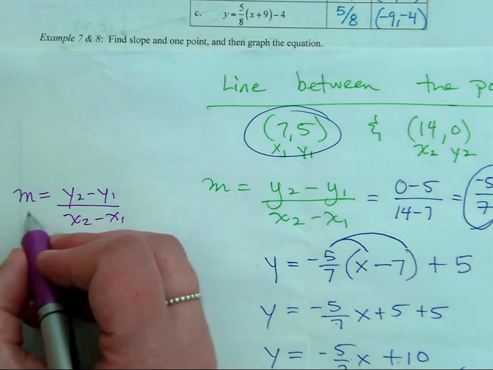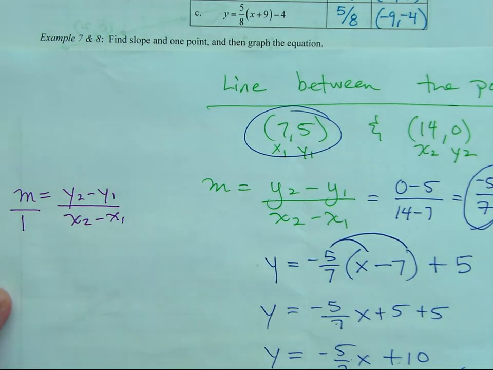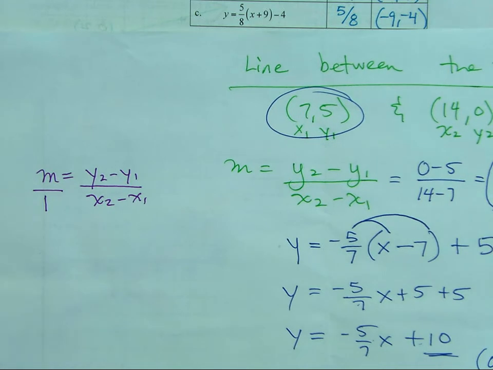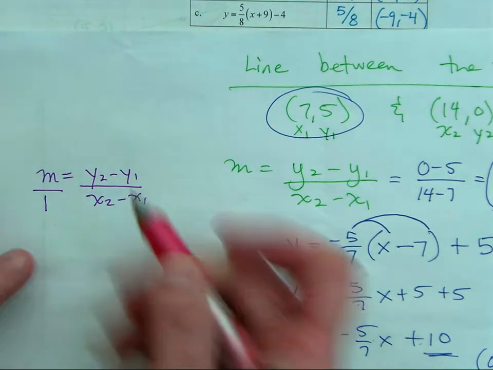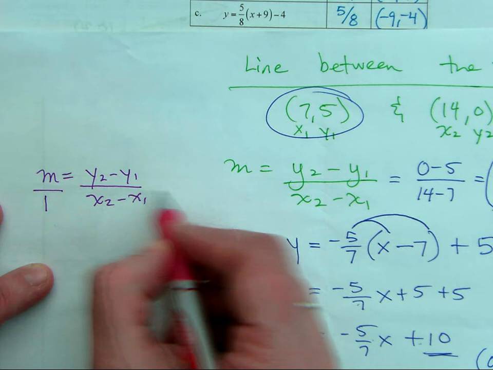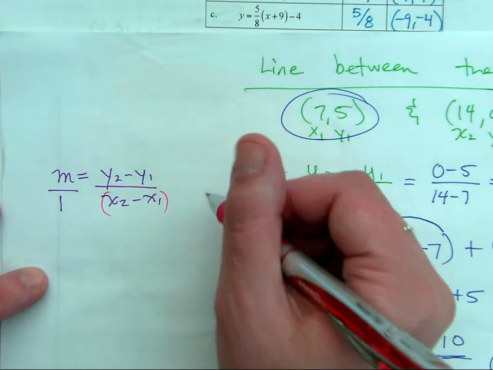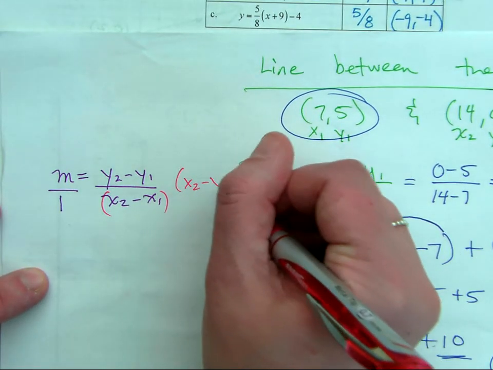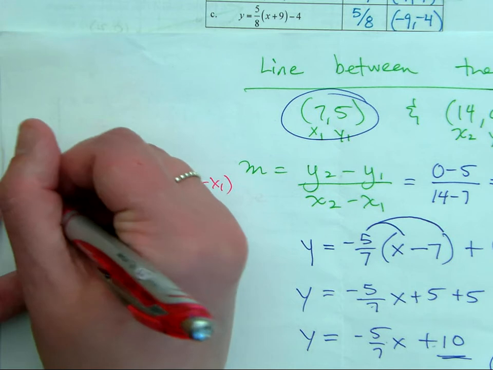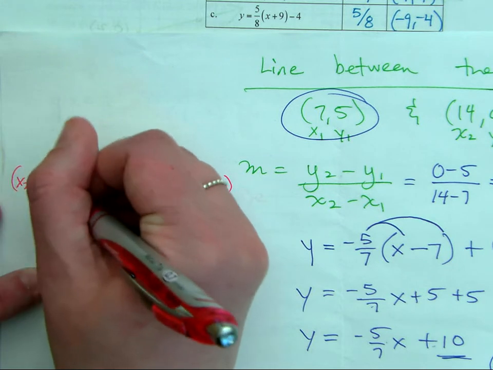But check it out. This is almost like your rational equation. Can I get y by itself? Well, watch what happens. I could multiply both sides by x2 minus x1.